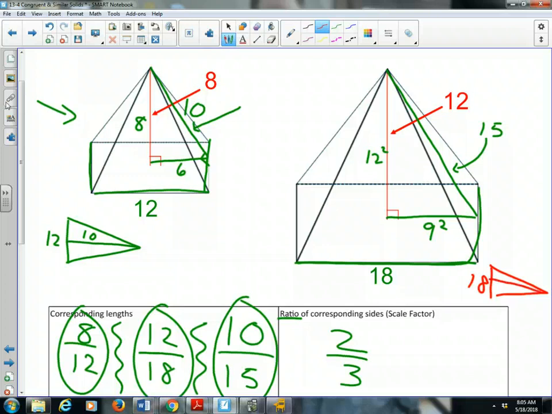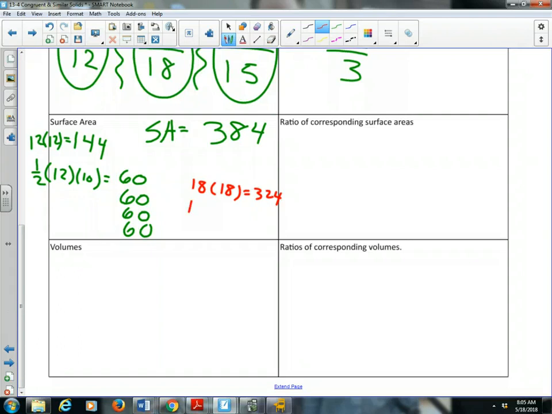So 1/2 times base times height, 18 times 15 times 1/2, gives 135. Again, there are 4 of those triangles. So the surface area is adding all of those up, and the surface area of the bigger pyramid is 864.